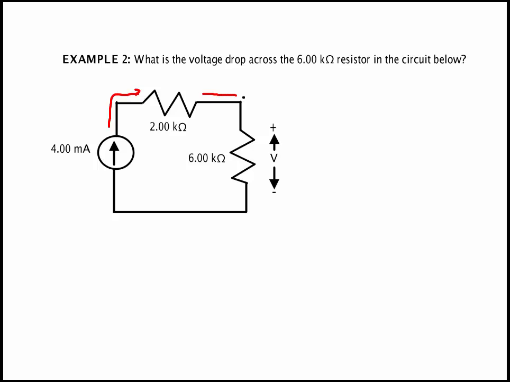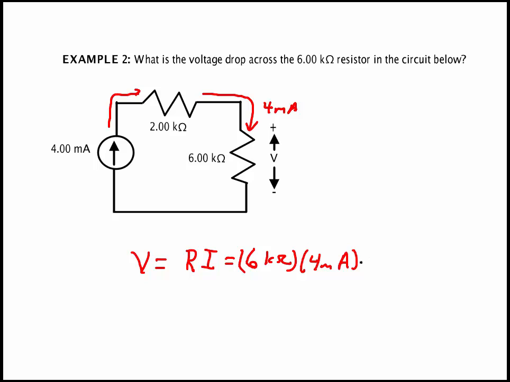So there is also 4 milliamps going into this resistor. Well, the voltage across that resistor, and the I is going into the plus, is a positive Ri. So I have 6 kiloohms times 4 milliamps. 6 times 4 is 24. A kilo-ohm times a milliamp is simply a volt.